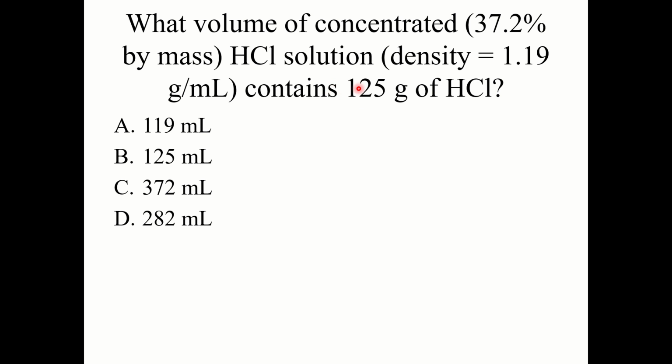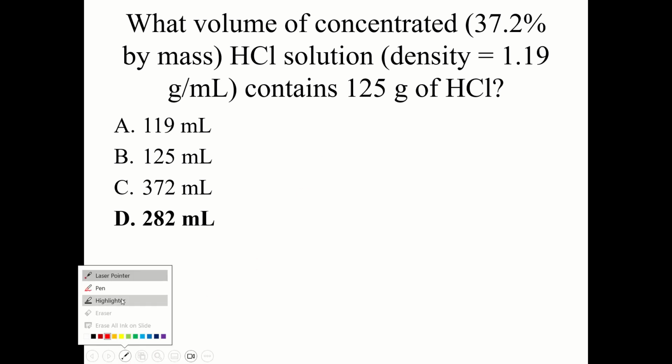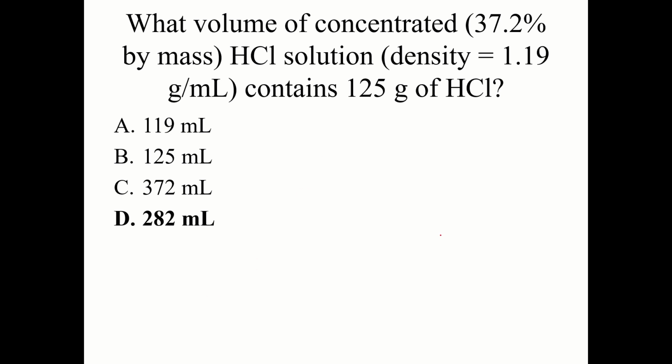The correct answer here is D, 282 milliliters. So let's think about this one. Here we're being asked to find volume. Now we are given grams HCl and we're given the percent by mass of the solution.